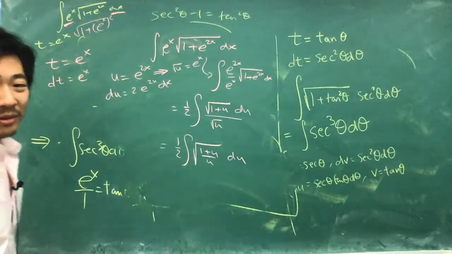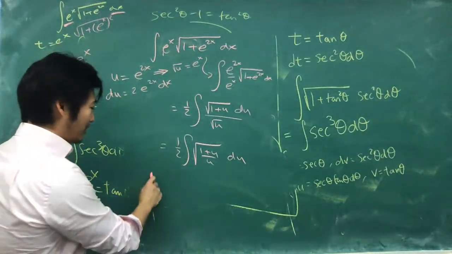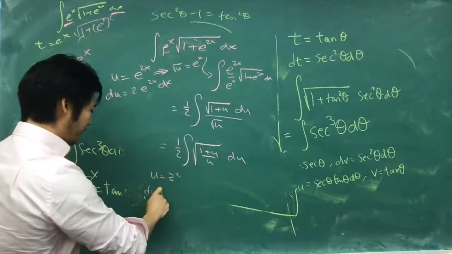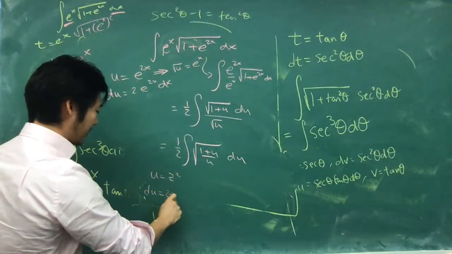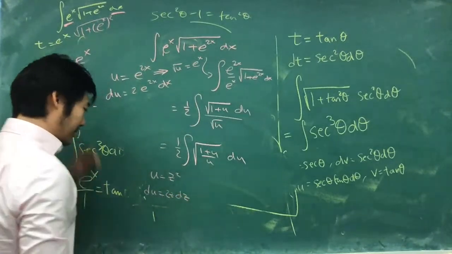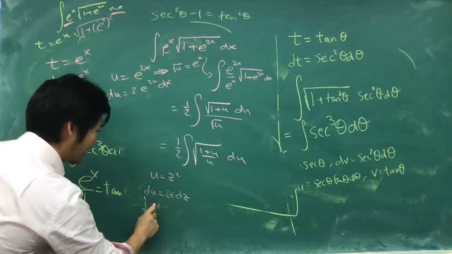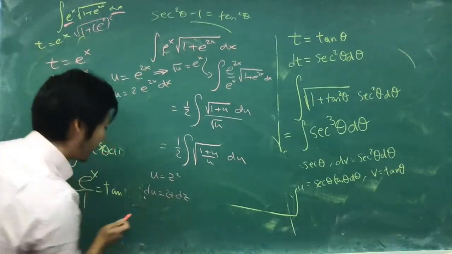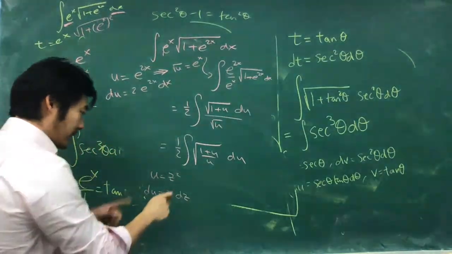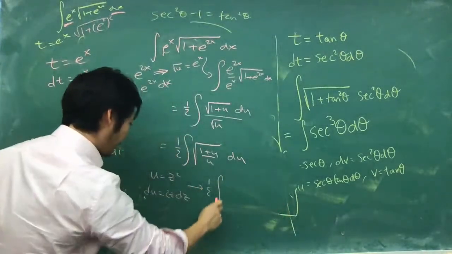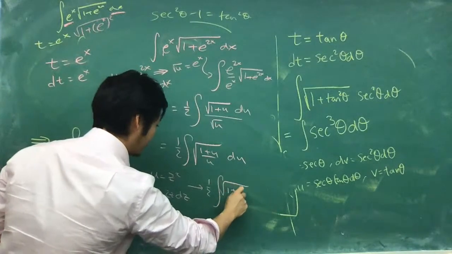Then I would probably do u equals z squared, du equals 2z dz. And this is nice because 1/2 du, oh no, other way around. Yeah, so this is nice because then this becomes 1/2 integral of 1 over 1 plus z squared.